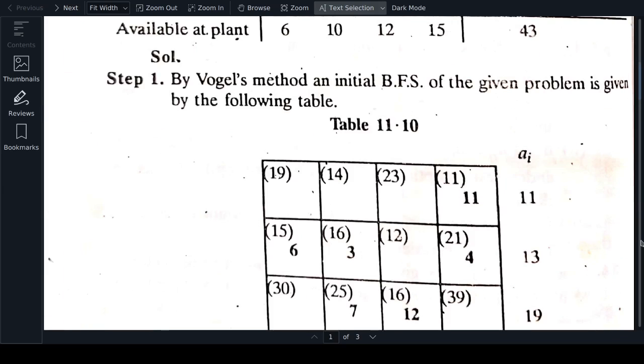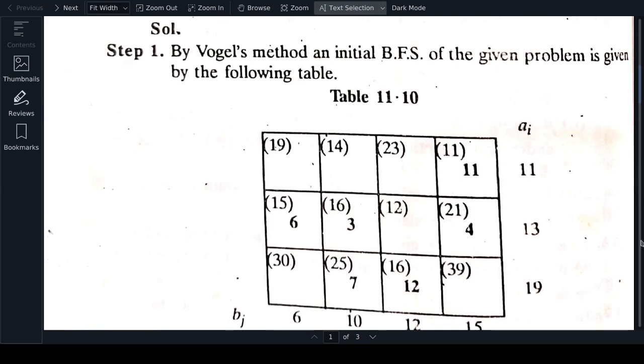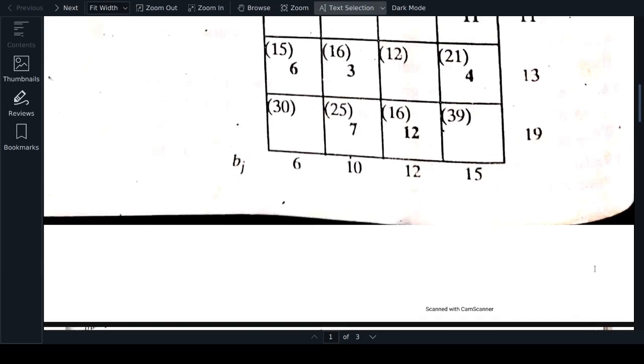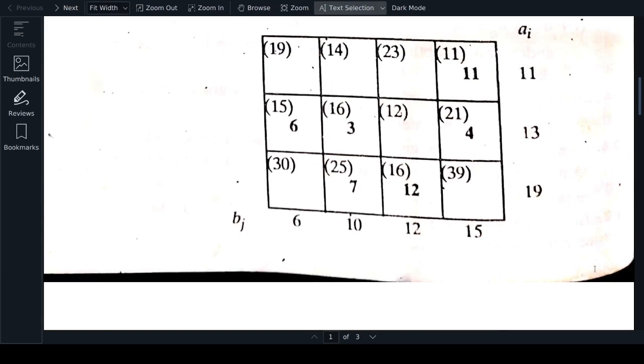Occupied cells are where allocation is present. Where allocations are not present, these are called unoccupied cells. So Ui and Vj are calculated from occupied cells, right?